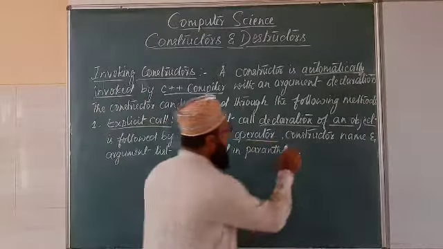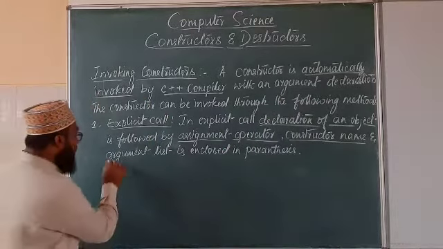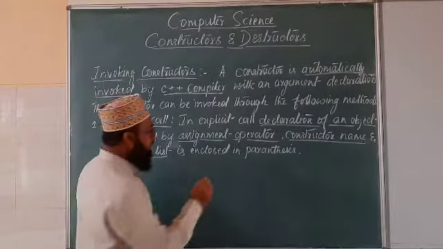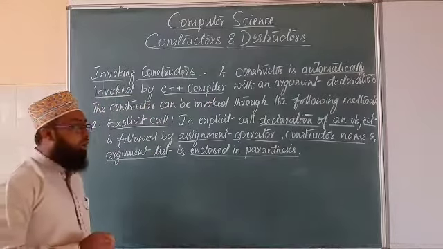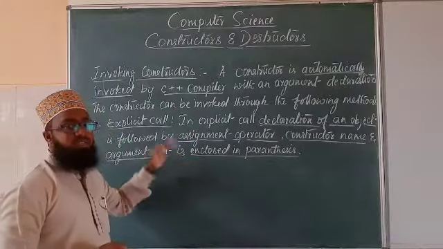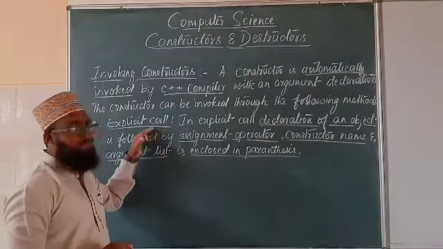Then the constructor name should be given, and then the argument list, enclosed in parentheses. So this is called an explicit call.